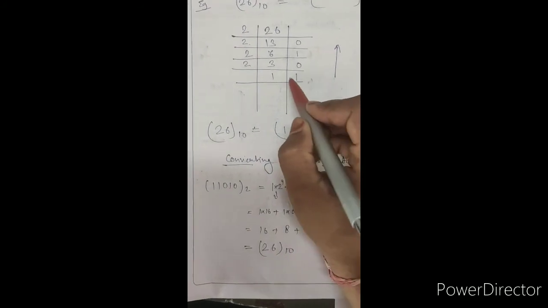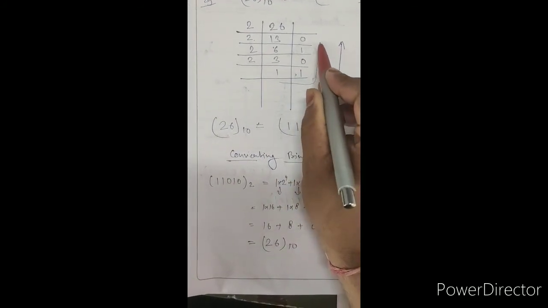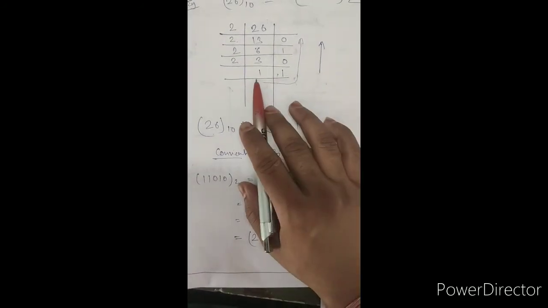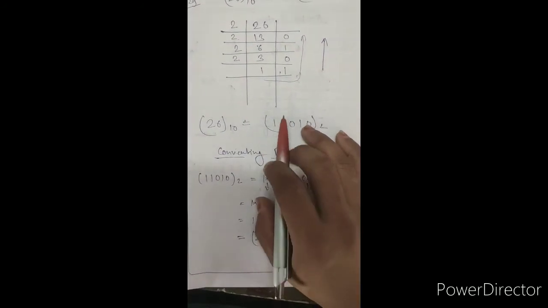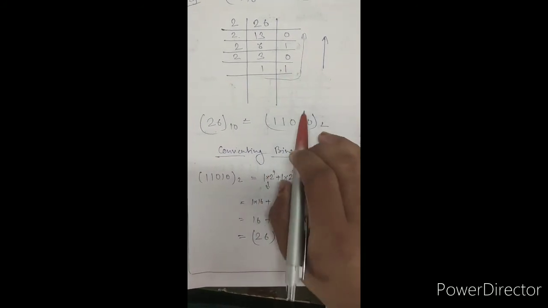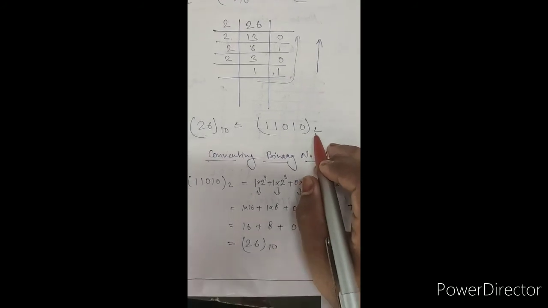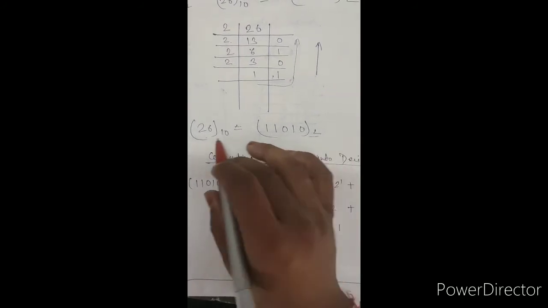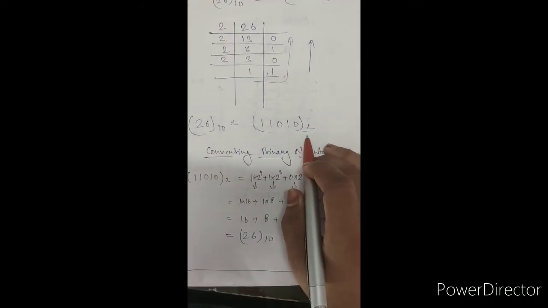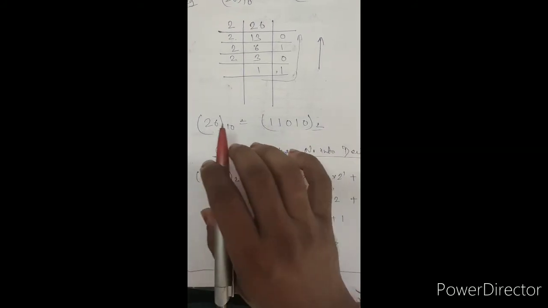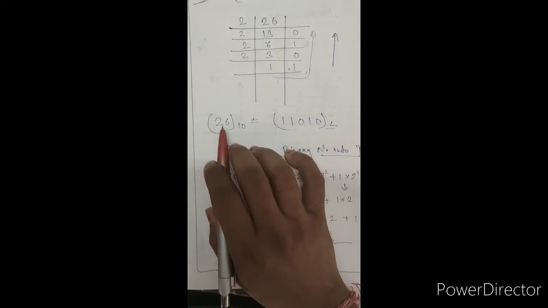Now we write all the remainders from top to down: 1, then 0, then 1 again, and then 0. We cover it with a bracket, and the base will be 2. So this number is represented in the binary number system, which is equivalent to 26 in decimal.